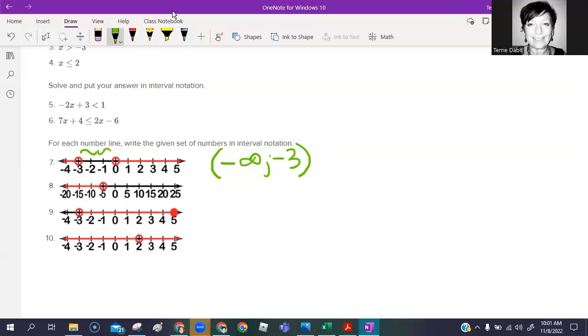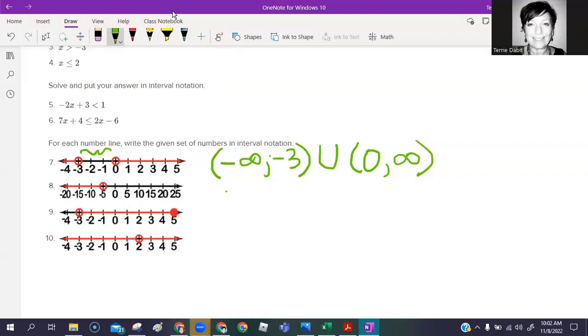So I switch over, and next I pick it back up at 0, and then it goes all the way to positive infinity. Now, the way that you show that these two graphs go together is you put a U in the middle. So this is interval notation explaining when you have two parts that are separate.